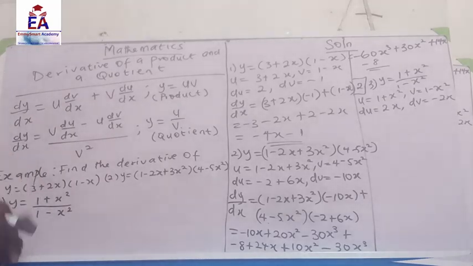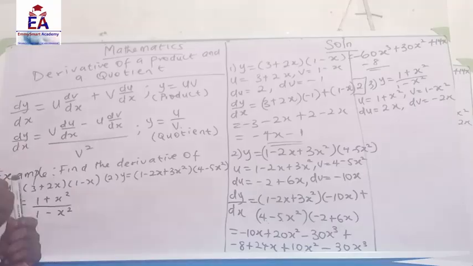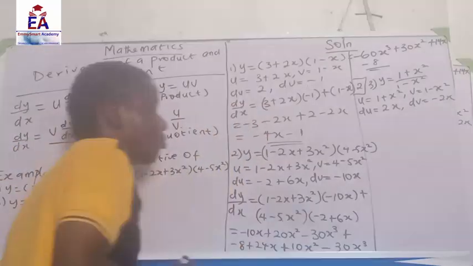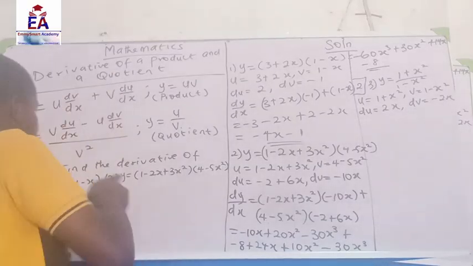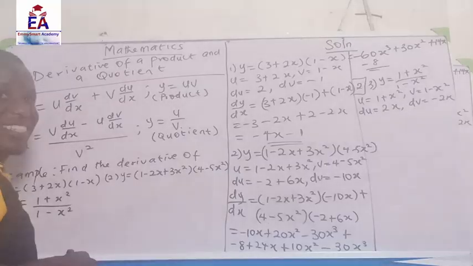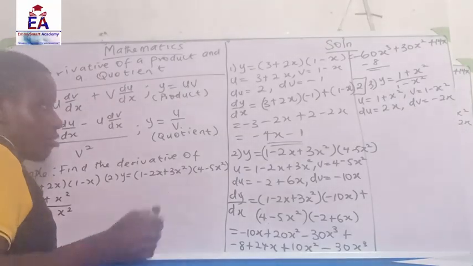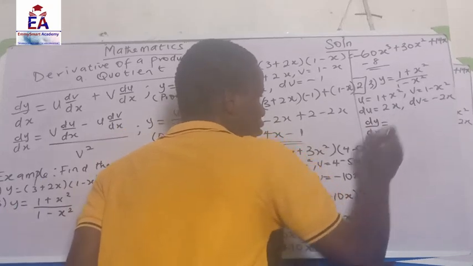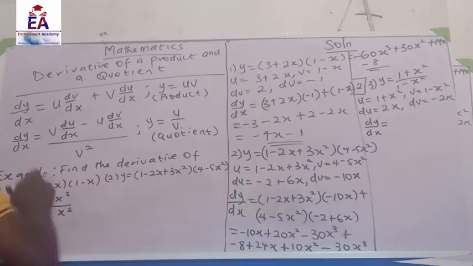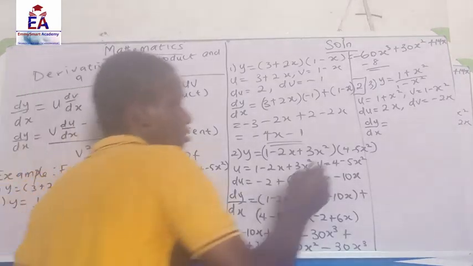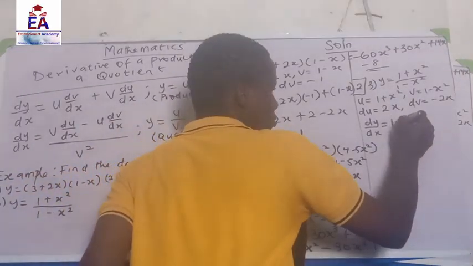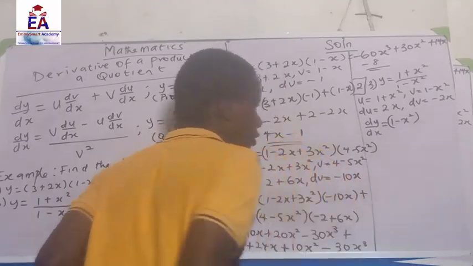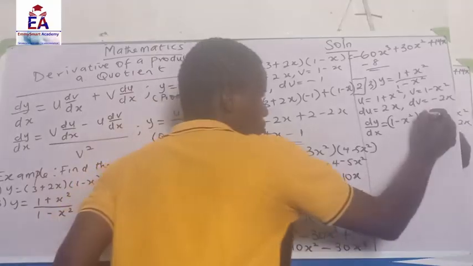What do I do now? Very important, we do something very quickly: use this formula. dy/dx equals take the second one, which is 1 minus x squared, differentiate the first one, which is 2x.